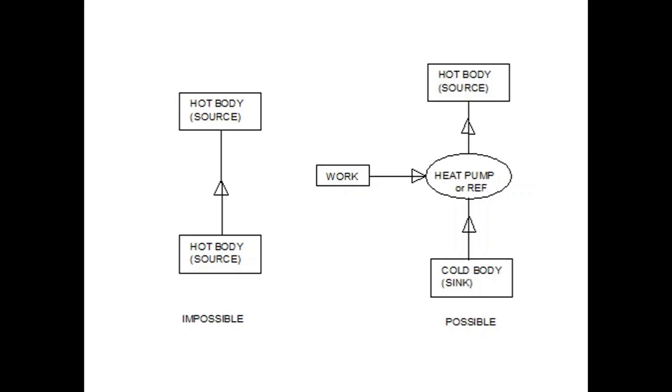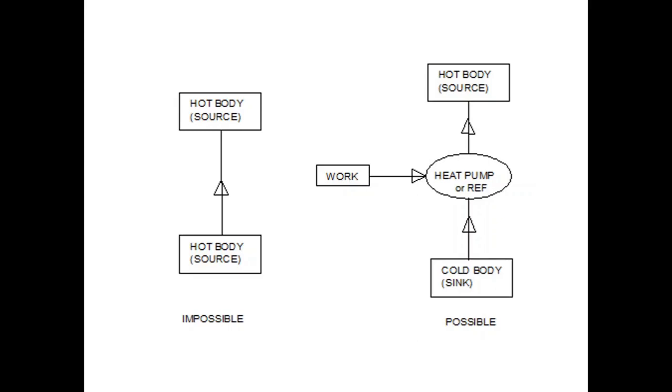We are transferring the heat from the cold body to the hot body. Therefore, for the refrigerator or heat pump, external devices are needed. Assume without this heat pump, it is not possible to transfer heat from the cold body to the hot body. The system may become impossible without the heat pump.